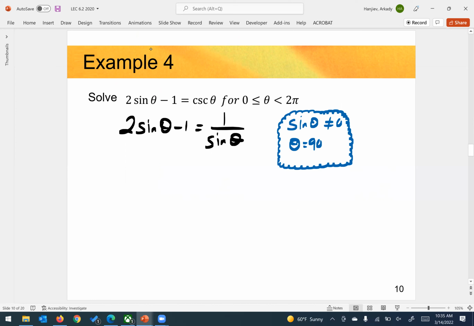Let's go radians. 0 and pi. Okay, guys, real quick here. If we get 0 and pi for our final answer, we can't accept those because that did not work in the first place.